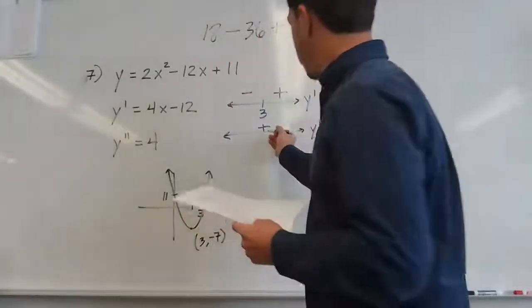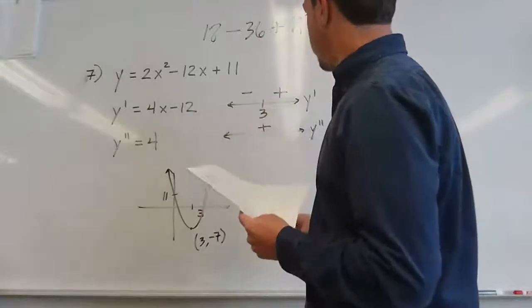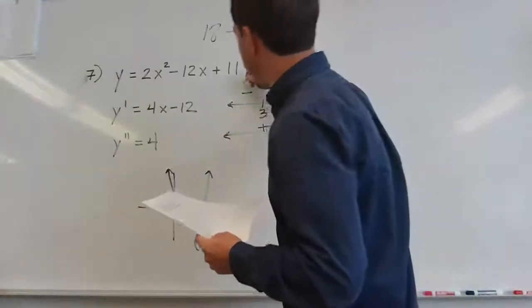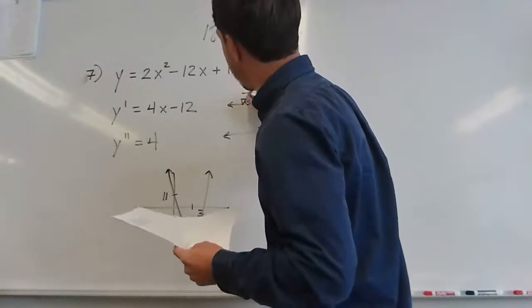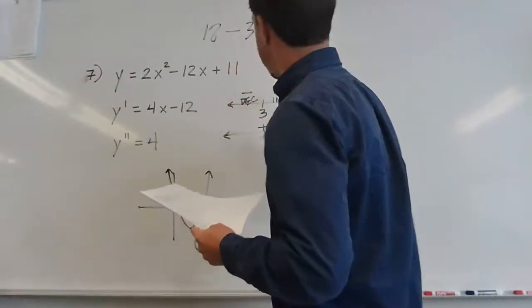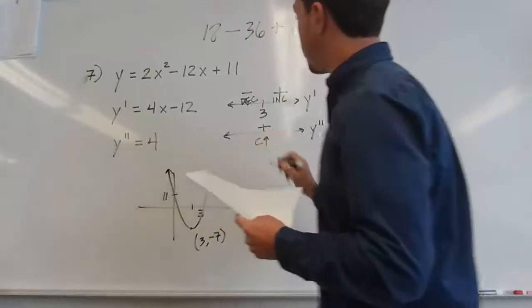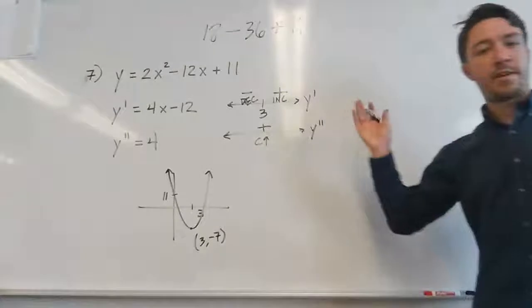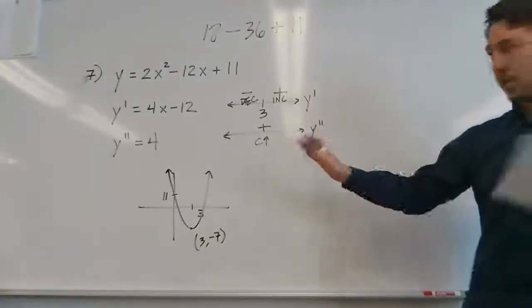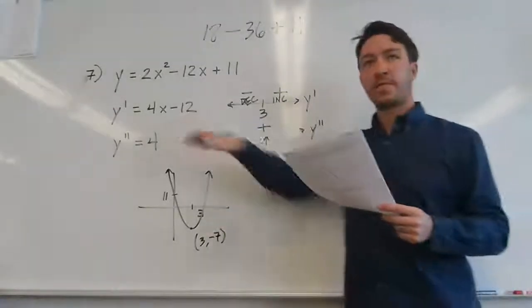There we go. You can label this number line too. This tells us that we're decreasing, increasing, and this is concave up. Does the picture make sense for everyone? No one finds the connection between this and this confusing?